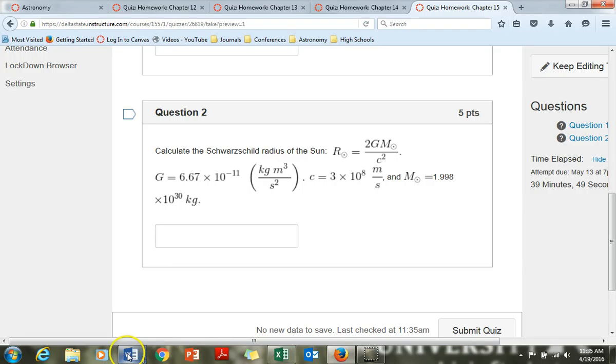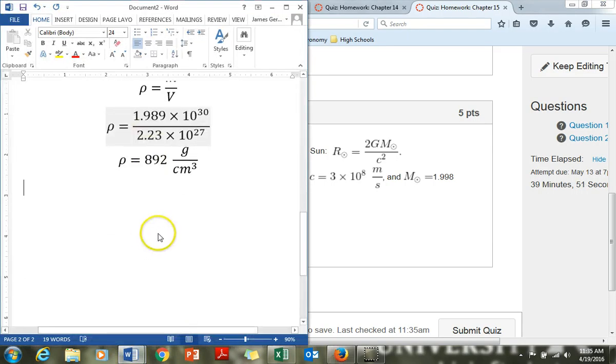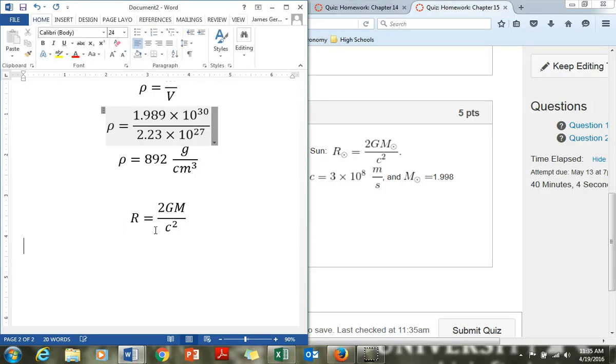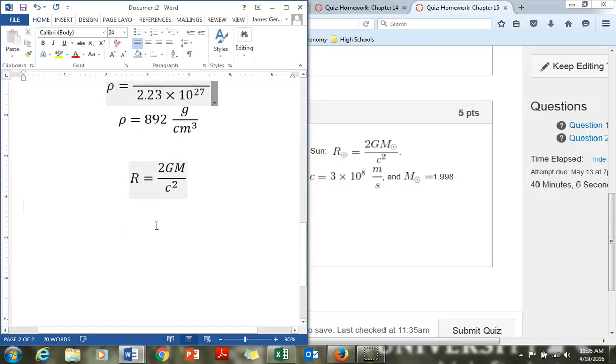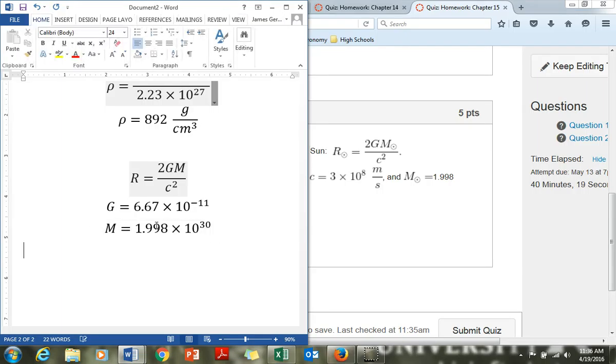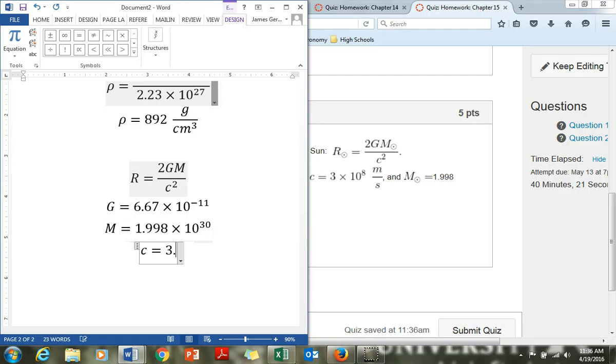So, okay, 2GM, I'm going to leave off the little symbols referring to the sun. So G, 6.67 times 10 to the minus 11. M, 1.998 times 10 to the 30th. C, 3 times 10 to the 8th.